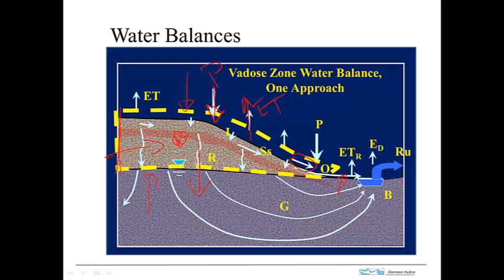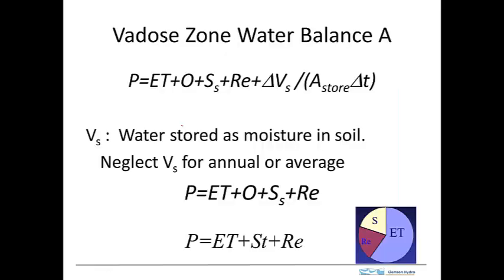Okay, so let's take a look at how that translates into a balance. So here's the precipitation coming in, here's the ET coming out, the overland flow is coming out, this is the subsurface storm flow coming out, also called interflow. Recharge is coming out the bottom, and here is the change in volume stored within the region over the area in a unit of time.